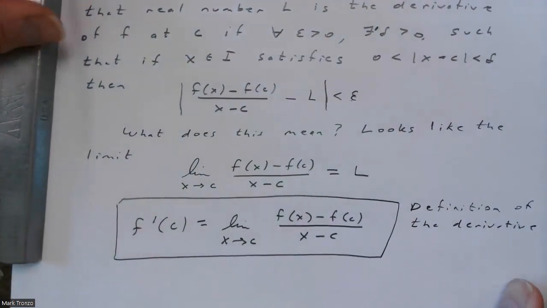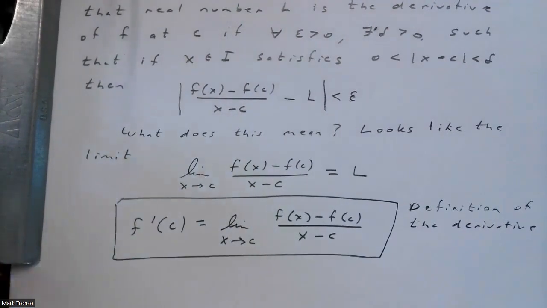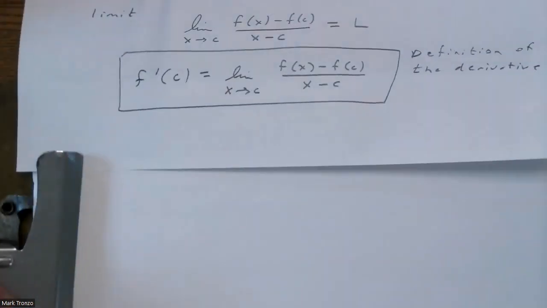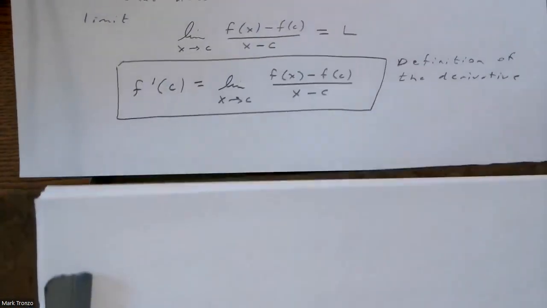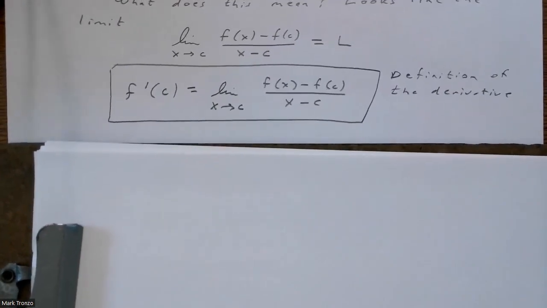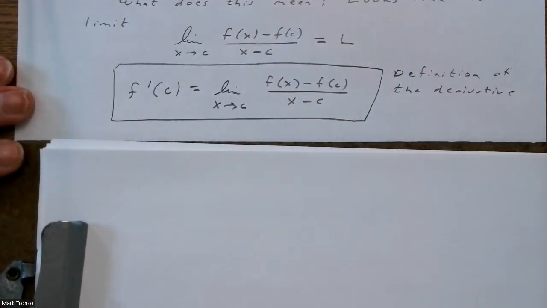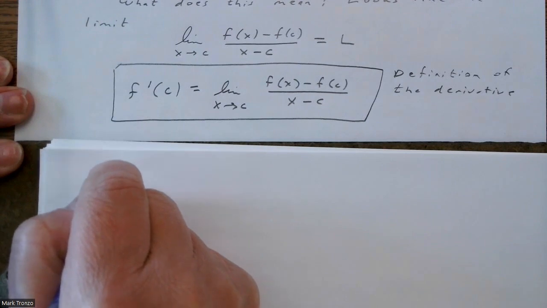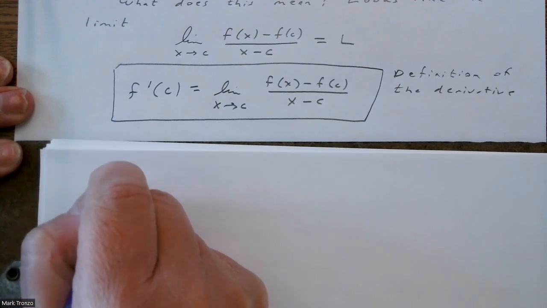And let's go ahead and use this form to sort of review what you did in Calc 1. Especially helpful since a lot of you will be teaching Calc 1. So let's take a look at some examples here.